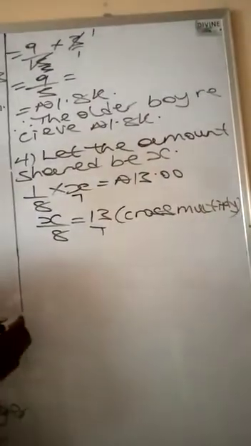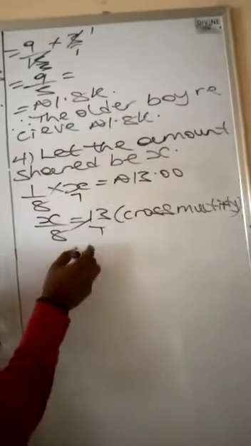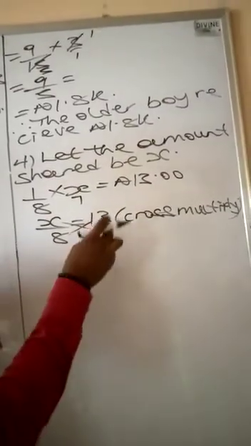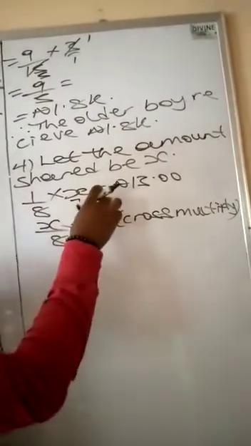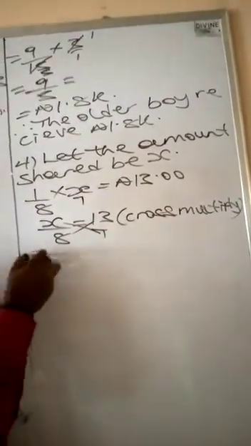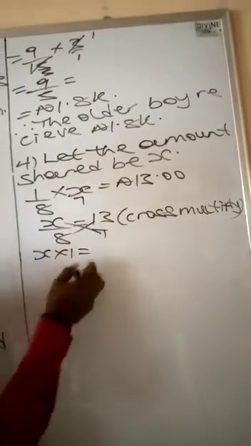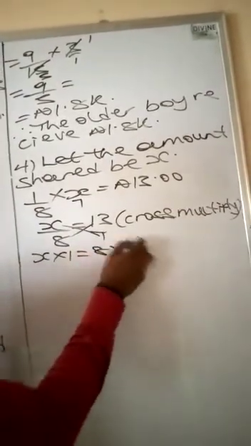Now when we cross multiply, the denominator here multiplies the numerator, and the denominator here multiplies the numerator. So we are going to have X times 1 and then 8 times 13.